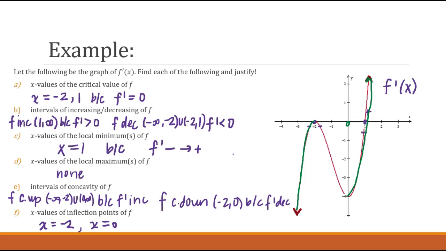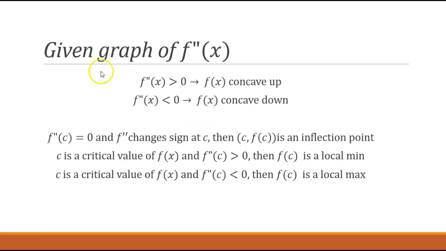So x equals negative 2 and x equals 0 are inflection points because f prime changes from increasing to decreasing or decreasing to increasing. So either one, because that would indicate a change in concavity of f.